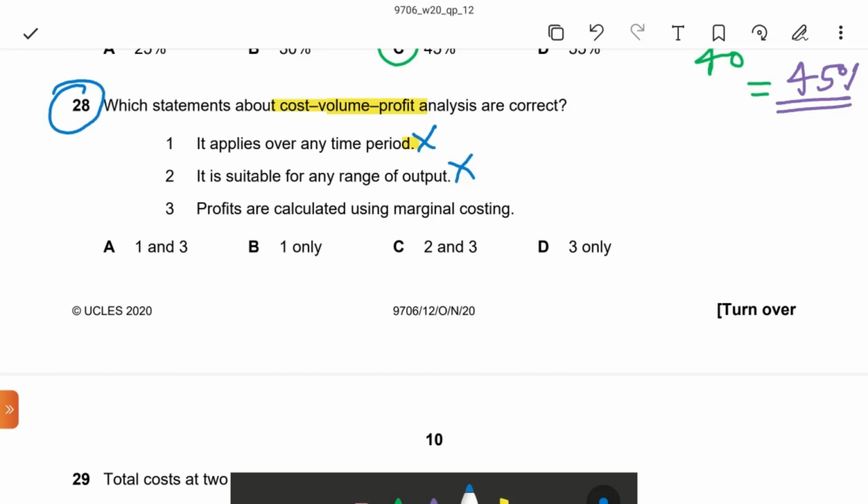Then, profits are calculated using marginal costing. Yes, as per marginal costing, we check the cost and the change in volume. When the volume changes, what is the cost? When the cost changes, what will be the profit? We analyze these three changes. So the correct option is 3. Only point 3 is the correct answer.